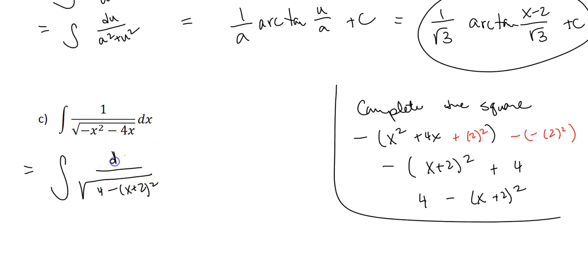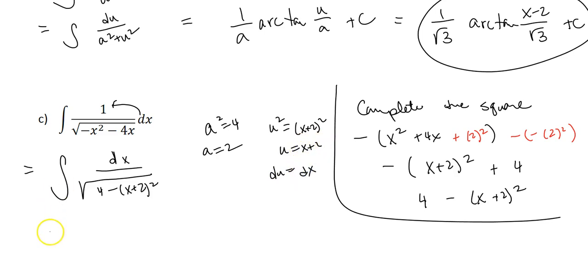And I'm going to go ahead and bump this dx up here. So my a squared would be 4, which means a is 2. My u squared would be x plus 2 squared, which means u is x plus 2. So du is 1 dx.